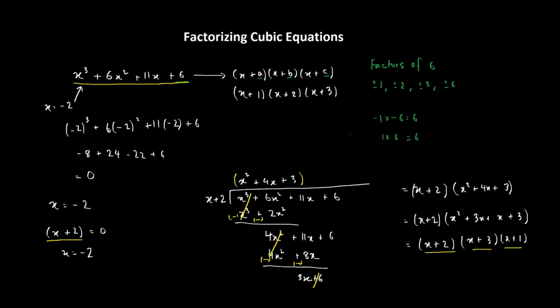First thing you have to do is use the trial and error method and find out one of the factors, and then divide the expression with that factor to find the product of the other two factors, and then use middle term breaking to find the other two factors. Okay. Alright, so that is how you find factors of a cubic equation.